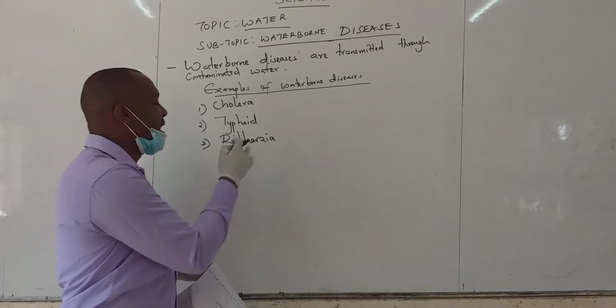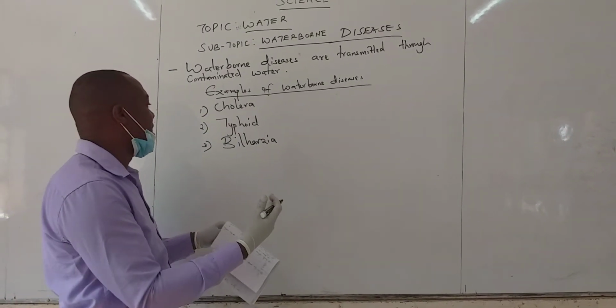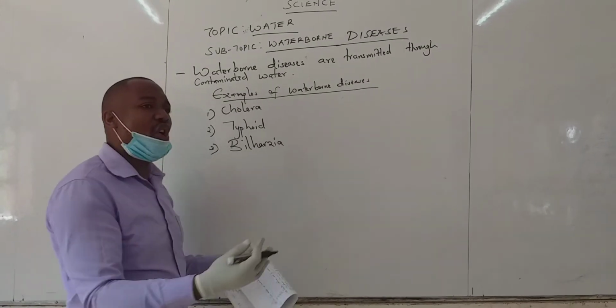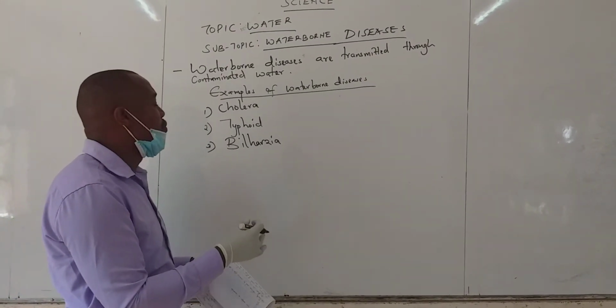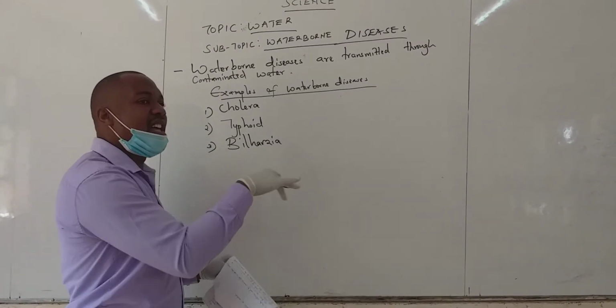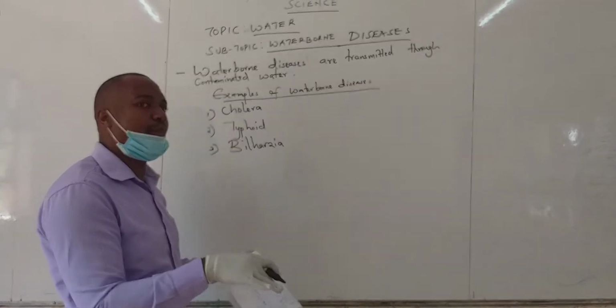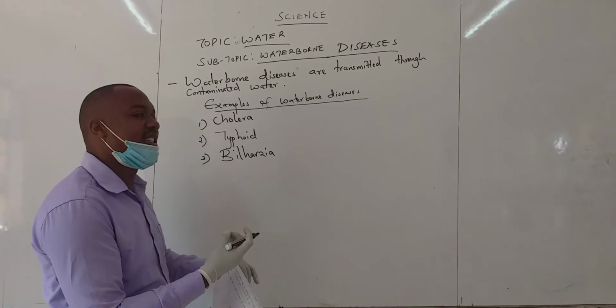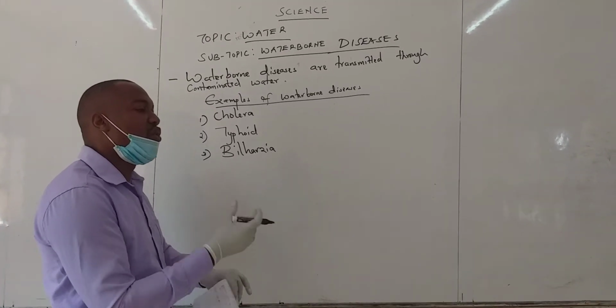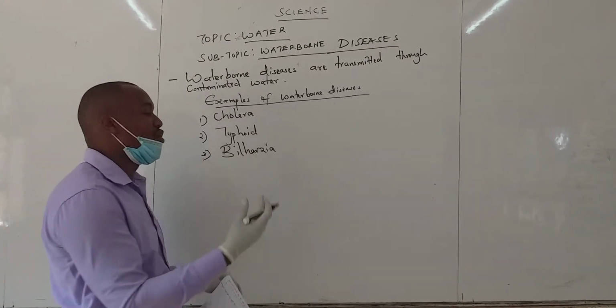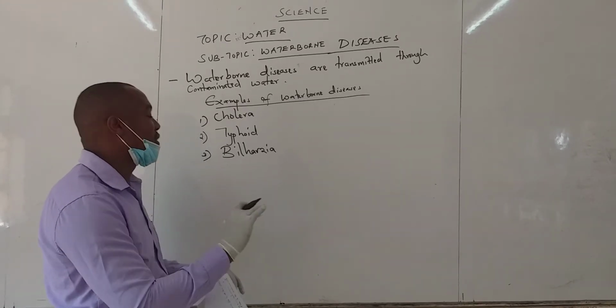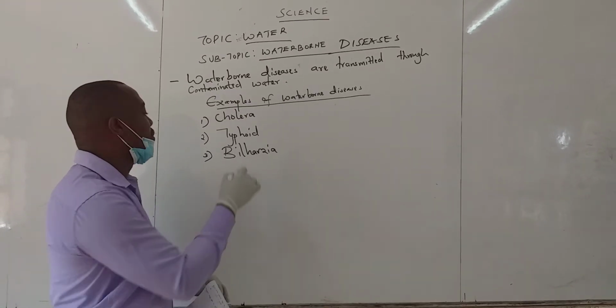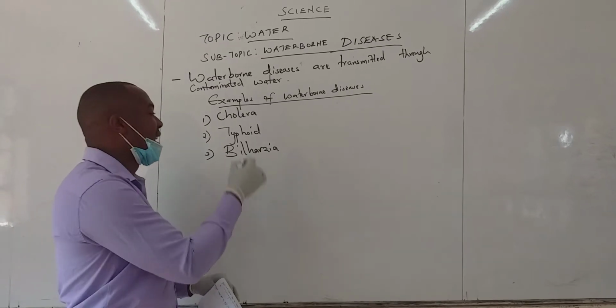Now, with bilharzia, we have small snails that usually hatch inside that water. So when you step inside that water, they start getting inside your skin. They get in contact with your body through the skin pores, and that's how you will start suffering from bilharzia.